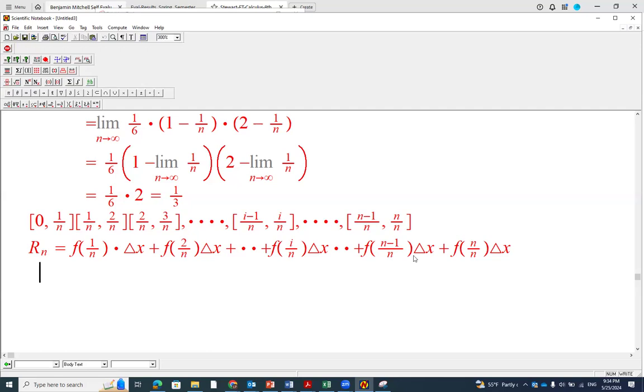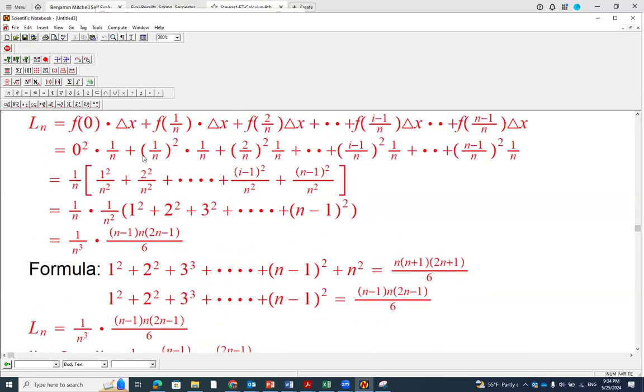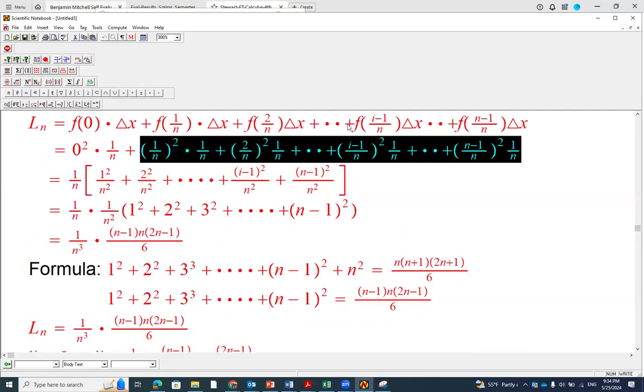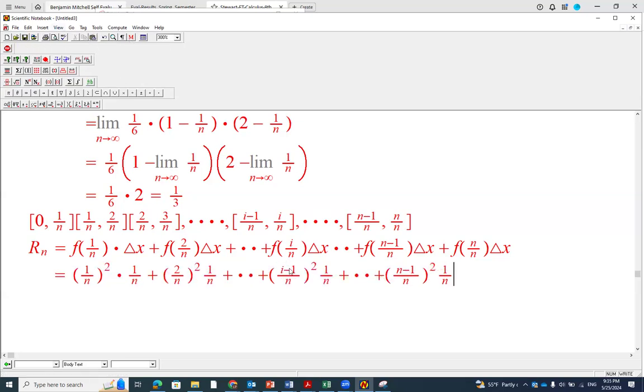With that done, we're going to plug in. When we plug in, I'm also going to steal this part for saving time. This is the ith one, and we're missing the last one.